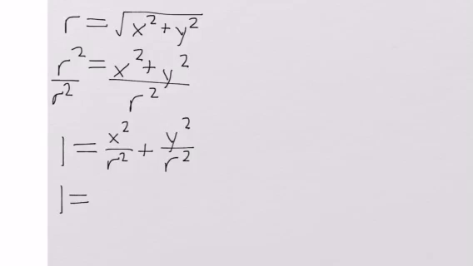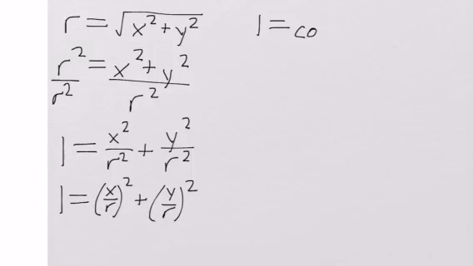So I get 1 is equal to (x over r) squared plus (y over r) squared. Well, I know that x over r is the cosine, and I know that y over r is the sine.